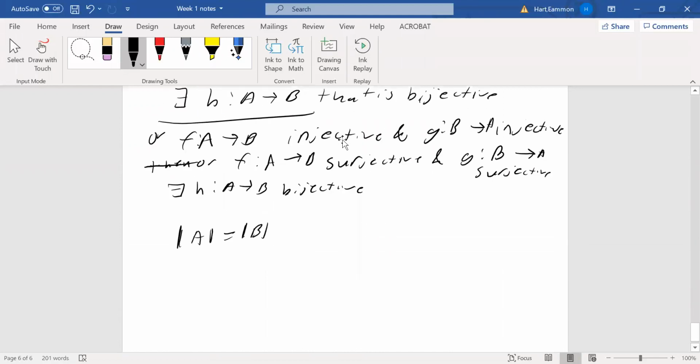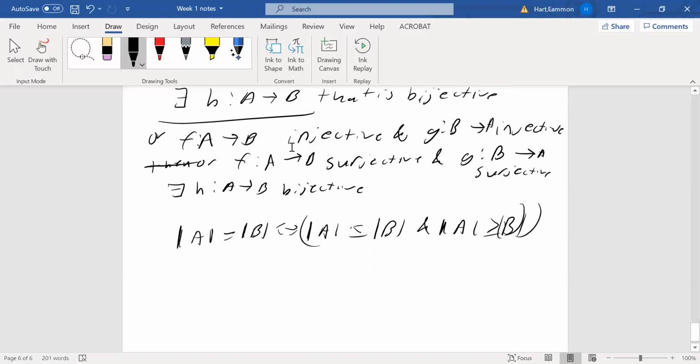So injective implies that the cardinality of A is less than or equal to the cardinality of B, and surjective means that the cardinality of A is greater than or equal to the cardinality of B. If we have both of these guys, then we have that the cardinalities are equal.